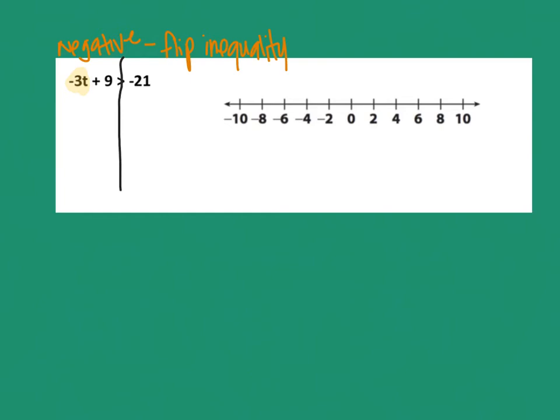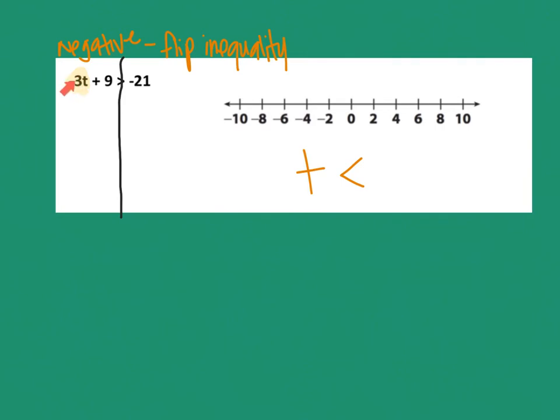So I'm going to draw my line down, but this used to be a greater than sign, and I know now I'm going to be dividing by a negative number, so I need to flip my symbol. Instead of it being greater than, it's going to be less than, and then I need to work out the question to figure out what the number is.